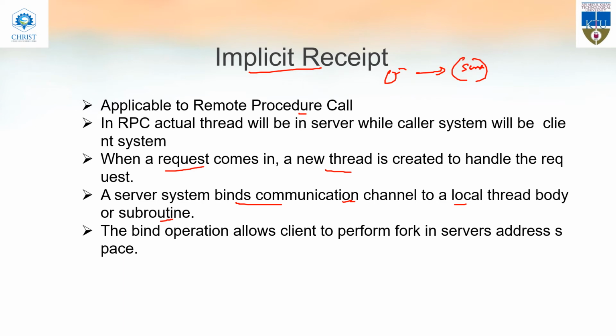Both operations like fork, join, etc. on the thread will be requested by the client, and the thread space will be in the server. The binding operation allows the client to perform the fork operation in the server address space. So that is implicit receipt, the fifth one.